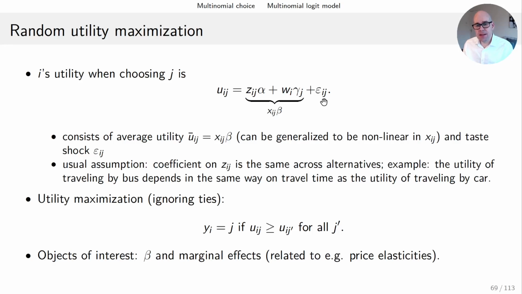So what you see here is that we actually have one taste shock for each alternative. The usual assumption is that the coefficient on the z's, which is this alpha here, is the same across alternatives. So an example makes that clear what that means. An example would be that the utility of traveling by bus depends in the same way on travel time as the utility of traveling by car.